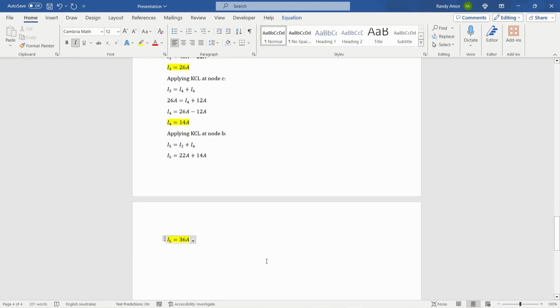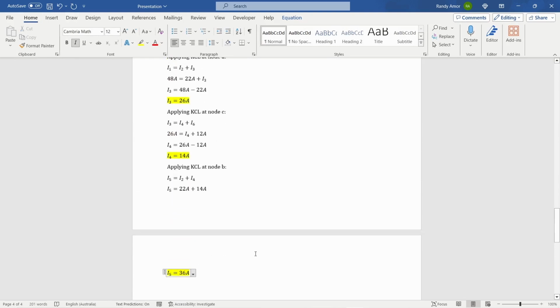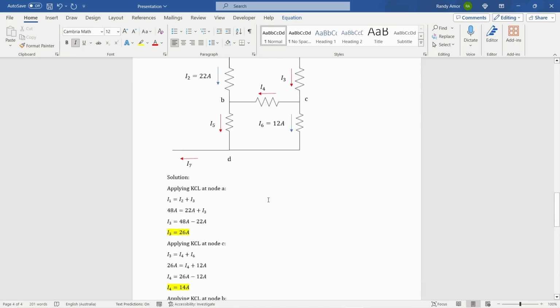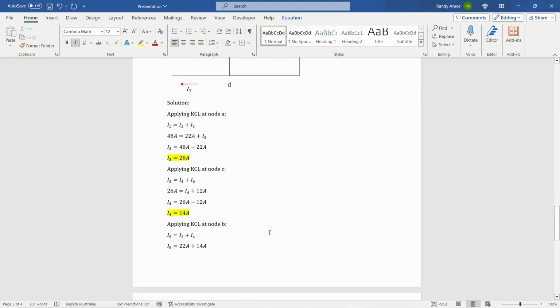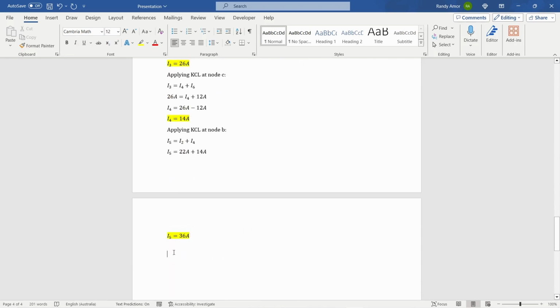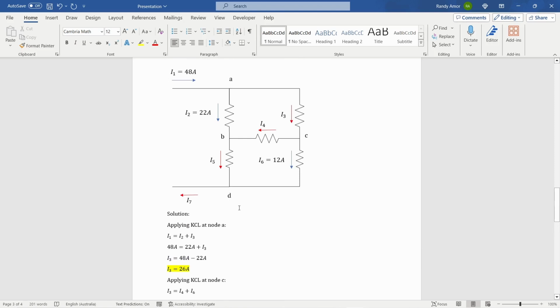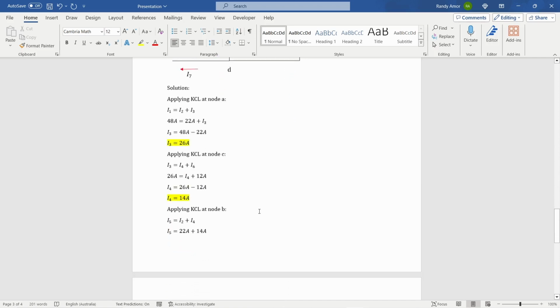Okay, so now we have I3, I4, and I5. So now I7. If we apply KCL at node D, I7 will be equal to I5 plus I6.